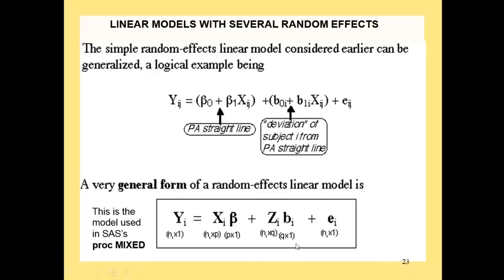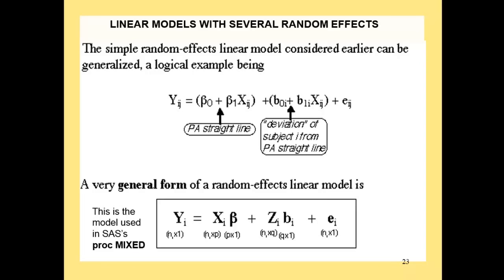But the fact that you can do more than one is illustrated down here in this very general form of the random effects linear model written in matrix form. We could also write it in scalar form, but it's a little bit more confusing if we tried to do that, just because there'd be an awful lot of terms and sigmas and uppercase sigma summation notation, all that kind of stuff.